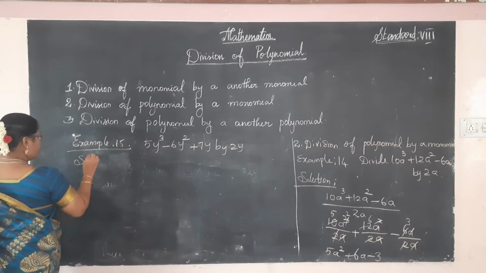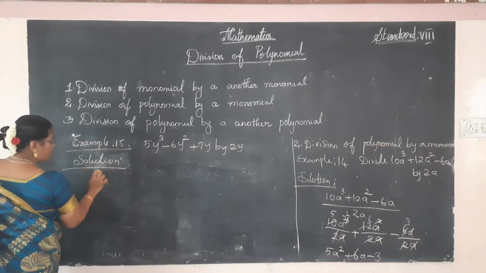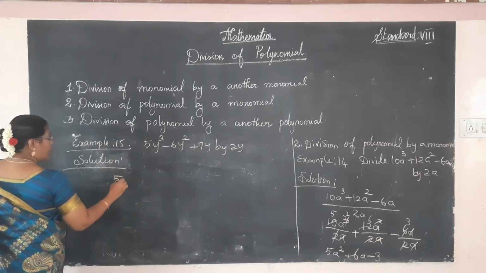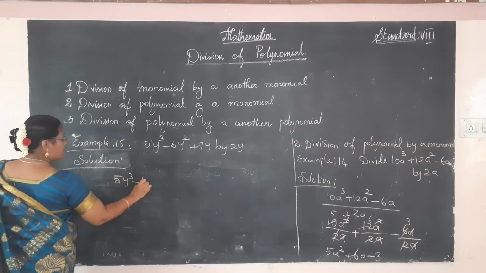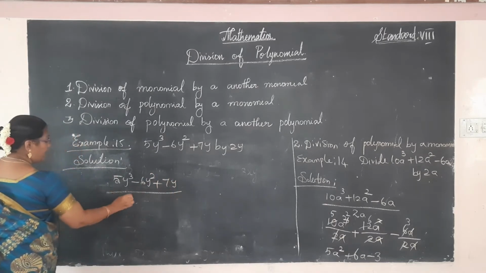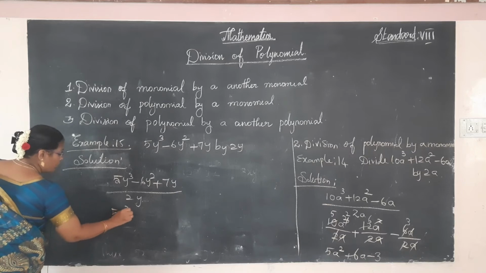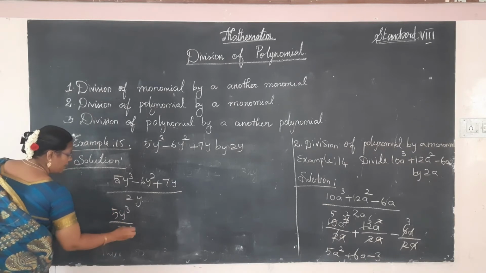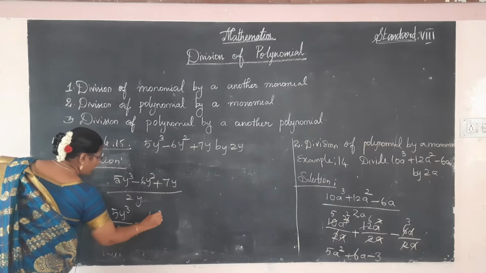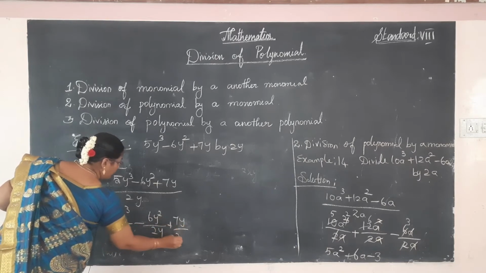So solution. We write 5y cubed minus 6y squared plus 7y divided by 2y. Now write separately: 5y cubed by 2y minus 6y squared by 2y plus 7y by 2y.